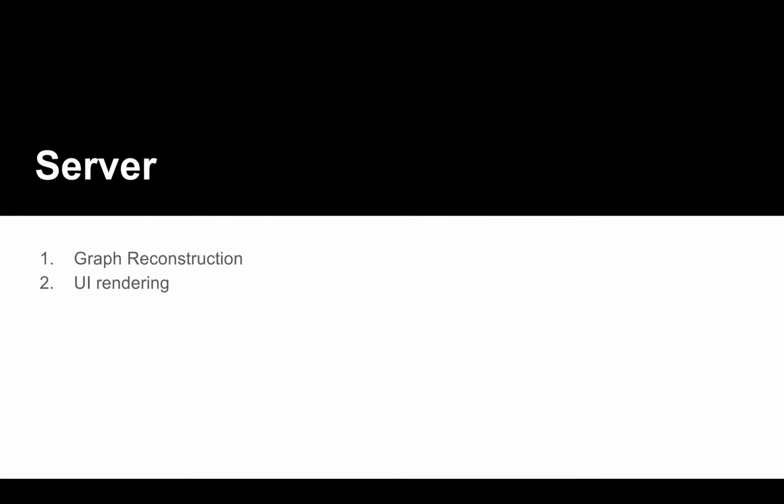With that, there's also another dynamic programming algorithm which will reconstruct a much better looking graph. For those familiar with JSON, it would be like JSON objects, where you can have this nice nested structure. And then it also does the UI rendering.